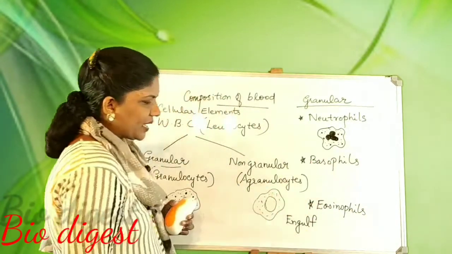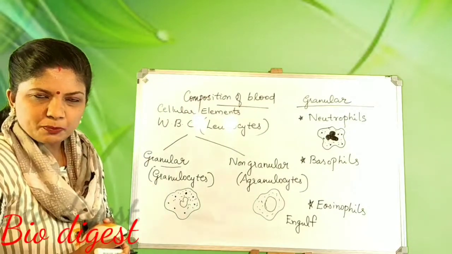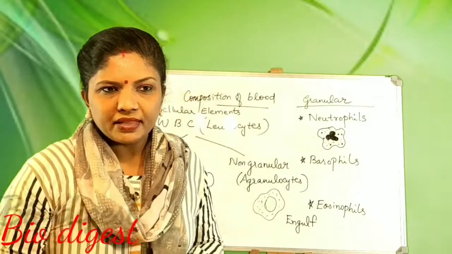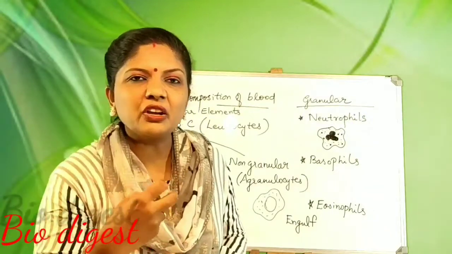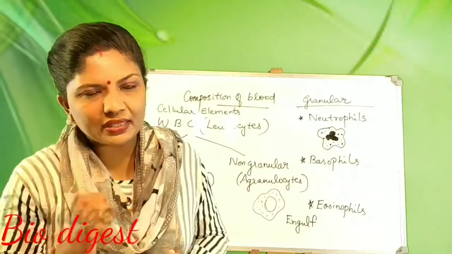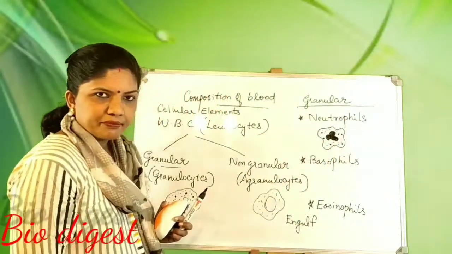Okay, this is the spelling. Engulfing solid particles, especially disease-causing germs like bacteria. That means it will swallow that. That is the meaning of engulfing these particles. Solid particles will be engulfed especially by neutrophils.